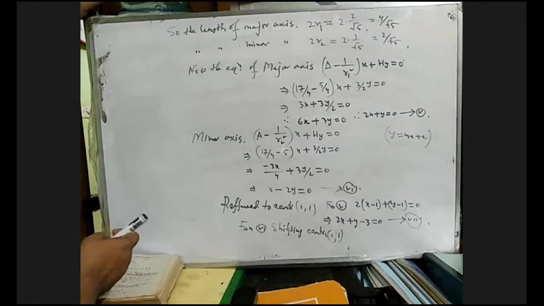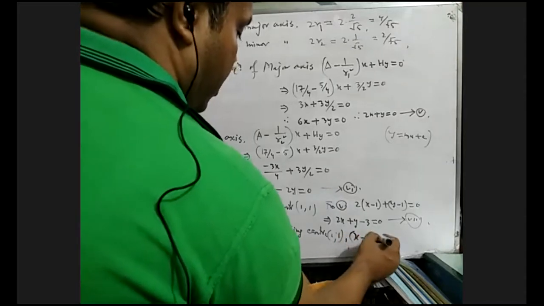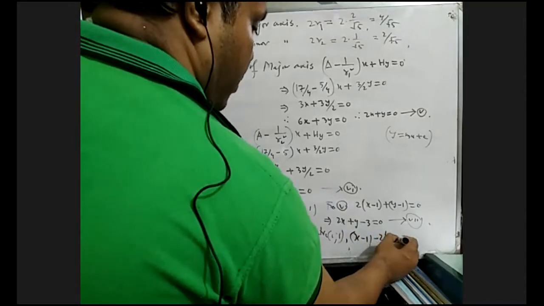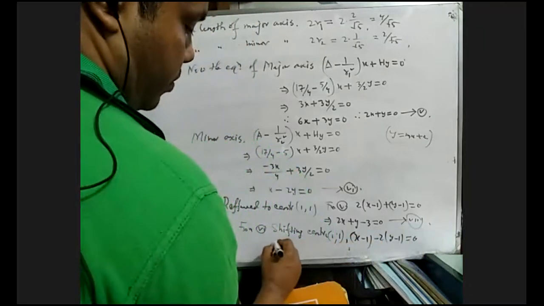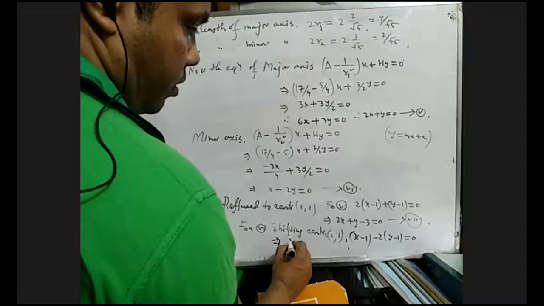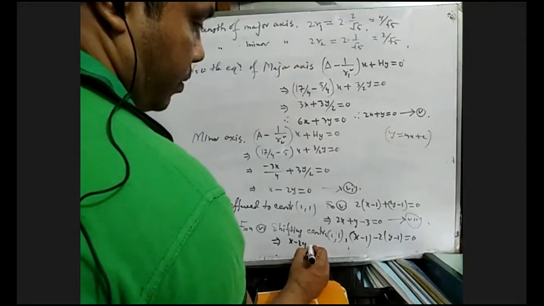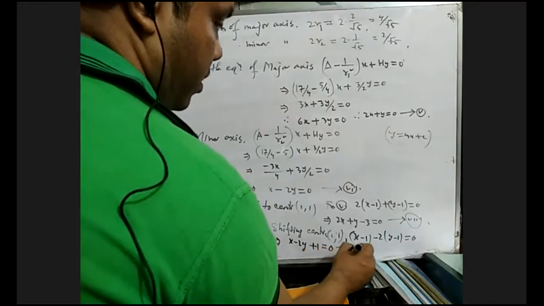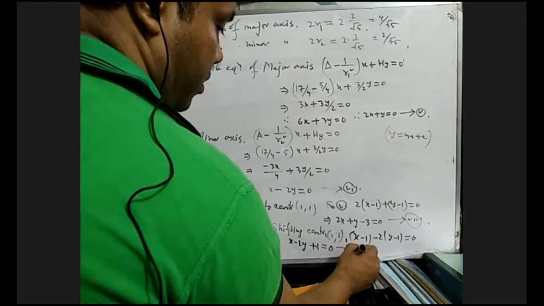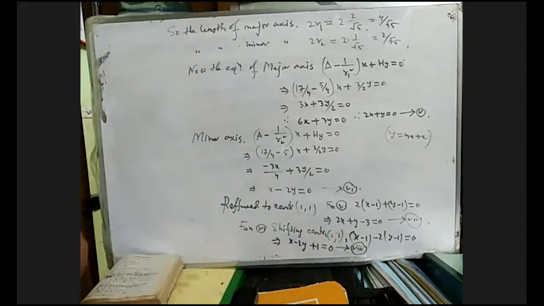You can write x minus 1 minus 2 into y minus 1 equals to 0. That means x minus twice y plus 1 equals to 0. This is equation number 8. Okay, now we can find the slope.